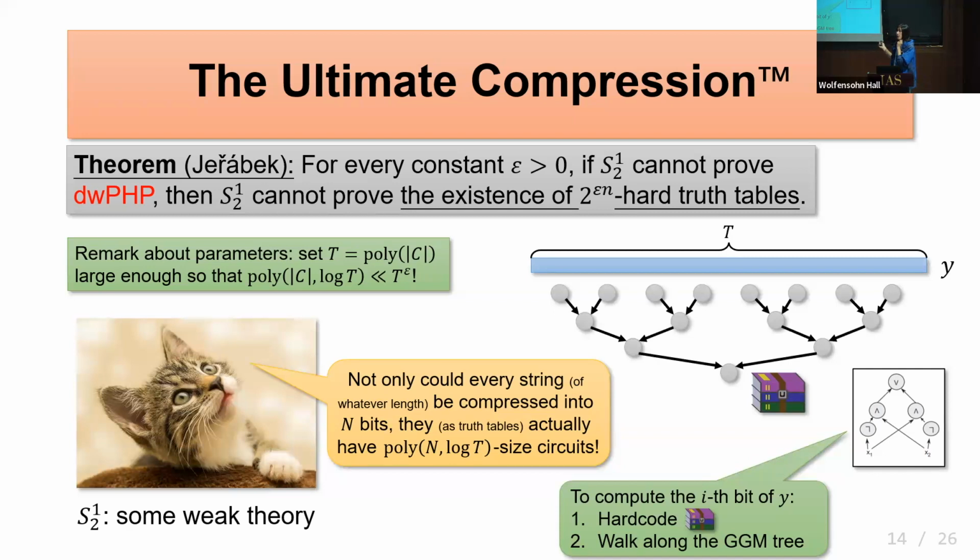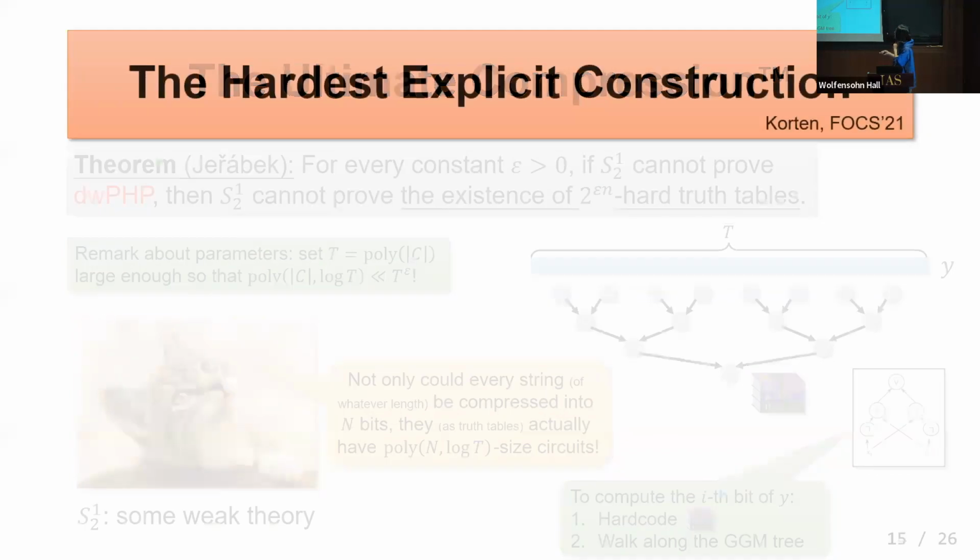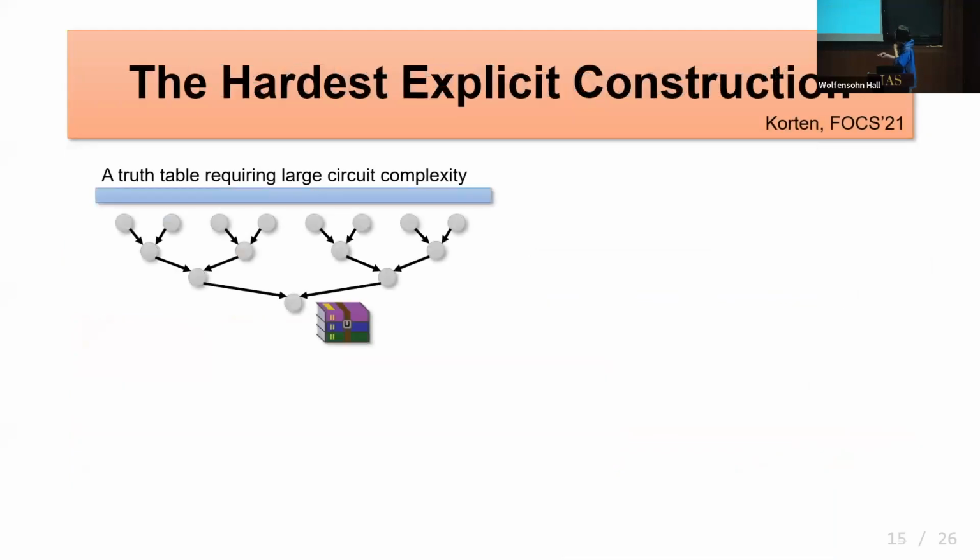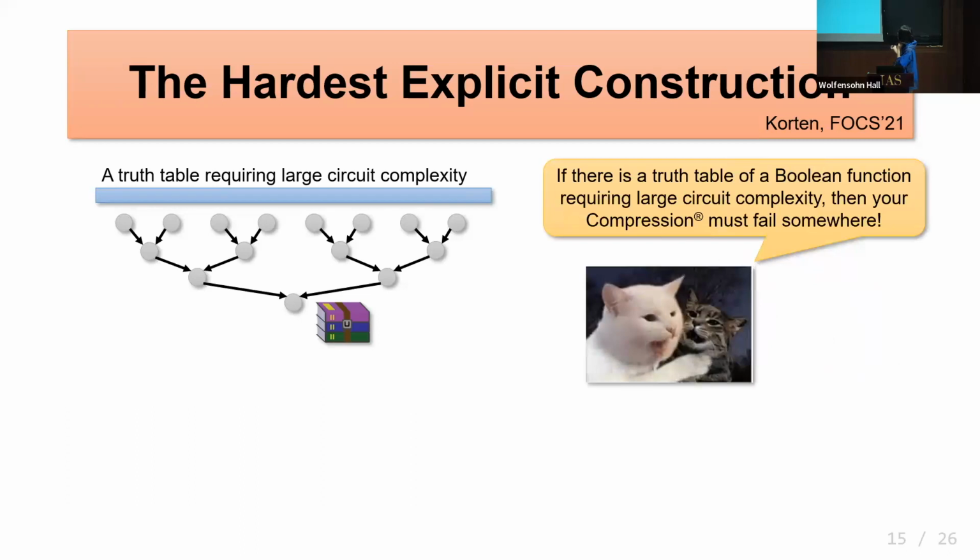So now, if we think about this statement contrapositively, it's saying, if I have a truth table that requires large circuit complexity, then I can use it to prove the dual weak pigeonhole principle. So prove this man wrong.